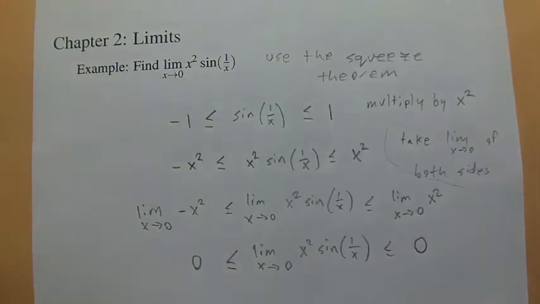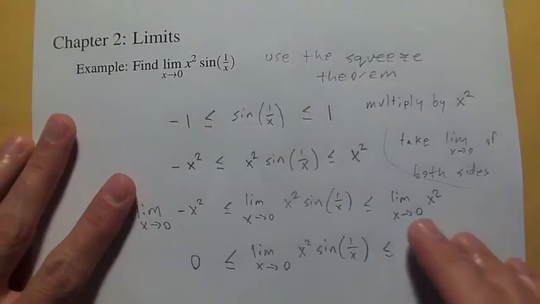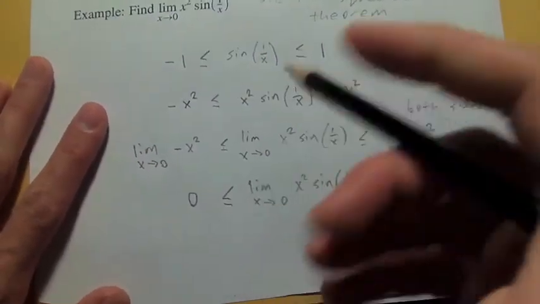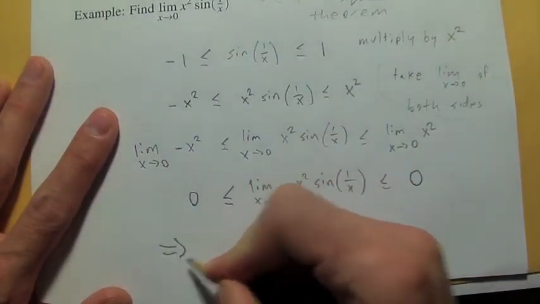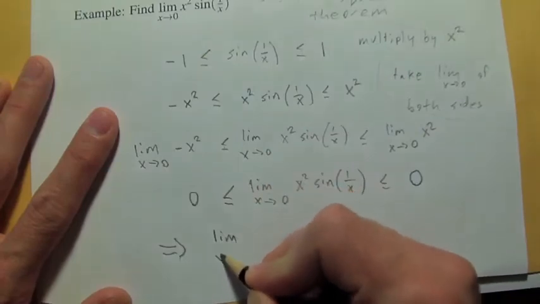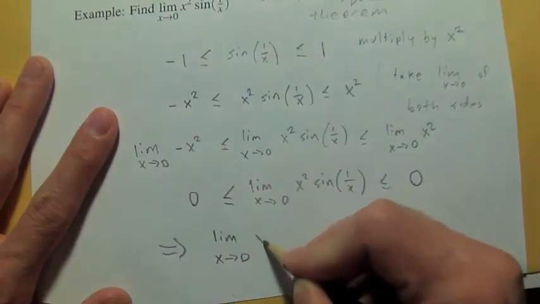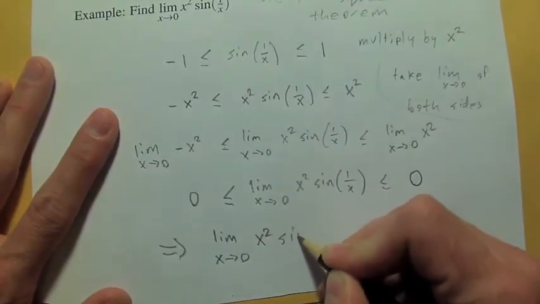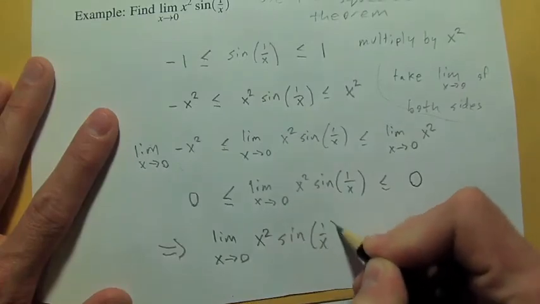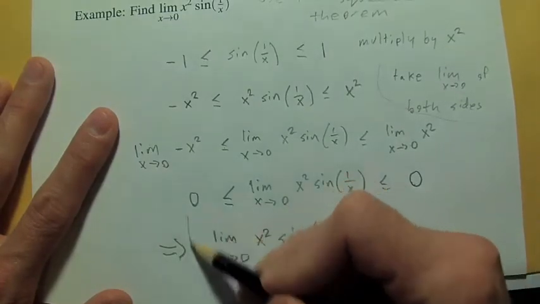The only way both of these can be true is if the limit as x goes to 0 of x squared times sine of 1 over x is 0.